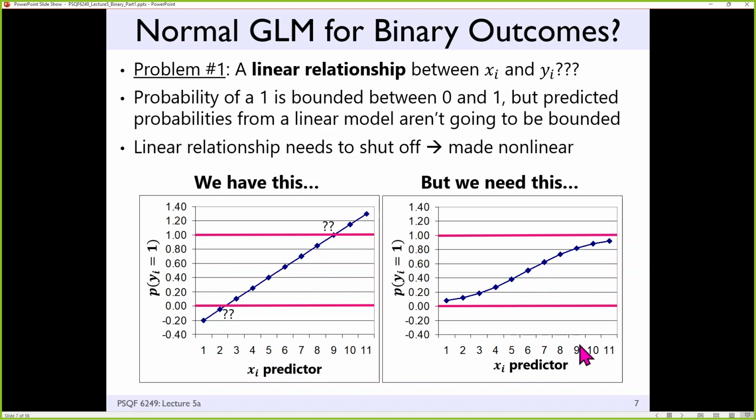If I'm somebody with a trait level out here, this item isn't going to help identify my trait very much. Likewise, if I'm down here, it's not going to help very much. It helps the most in the middle. So this is leading towards the idea that items are differentially useful based on where you are on X, where you are on the latent trait.